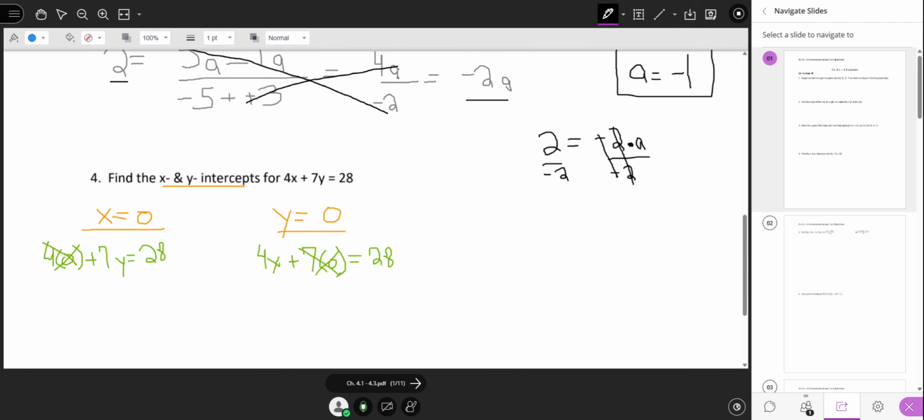And then divide by the piece that's left.